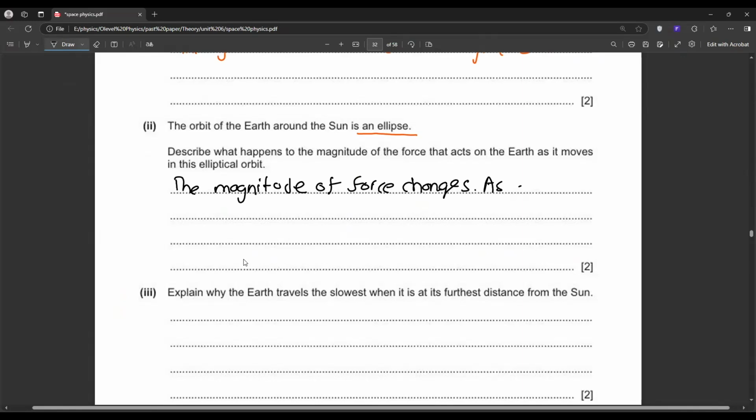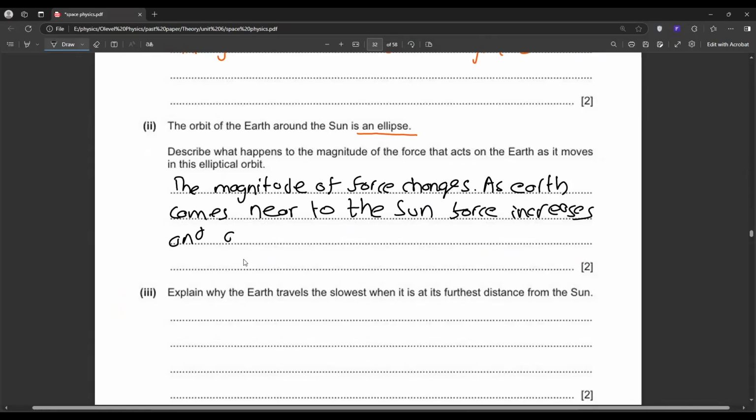As earth comes near to the sun, force increases, and as earth moves away from the sun, force decreases. Simple as that, nothing complicated.